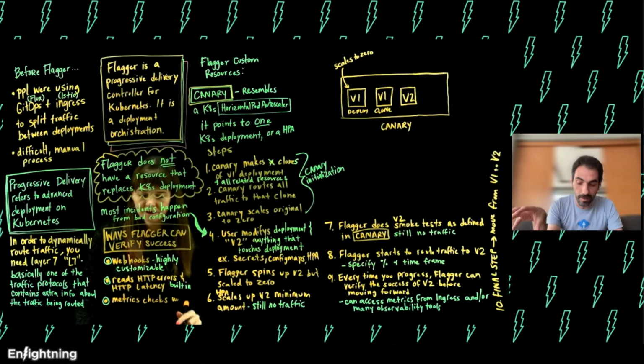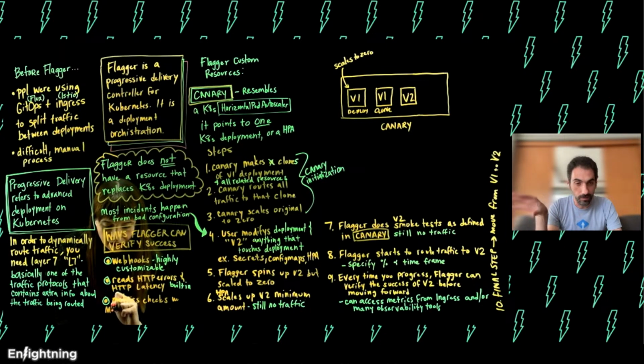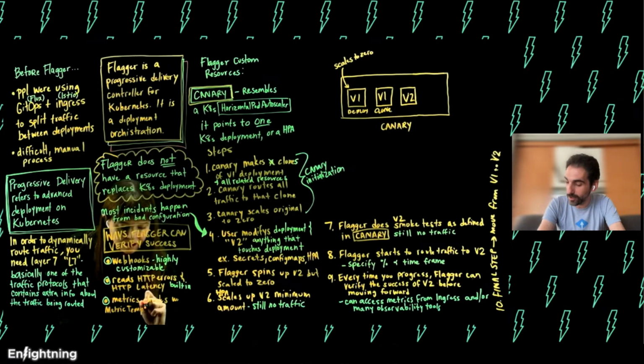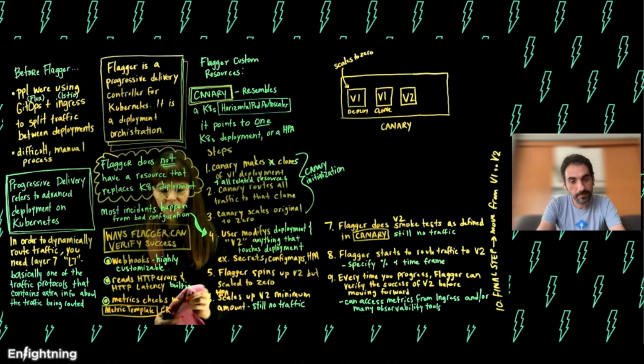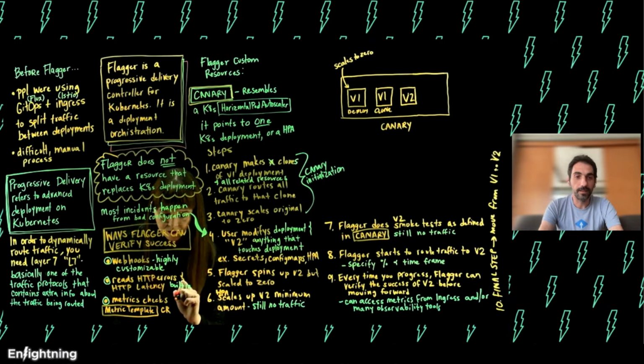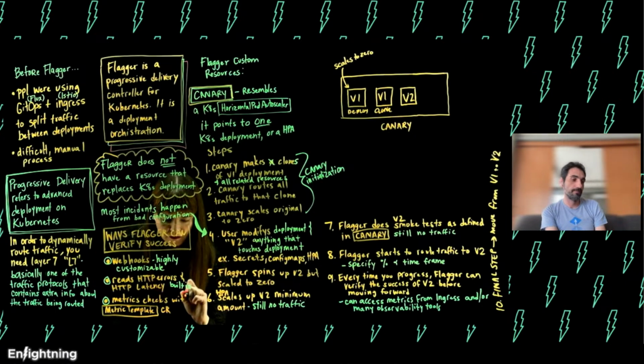And through the metric templates, Flagger integrates with all the metrics providers that I talked about: Prometheus, CloudWatch, Datadog, and so on. So you can do a metrics check with a metric template custom resource, which integrates with a lot of different observability backends. Yes. Are there others?